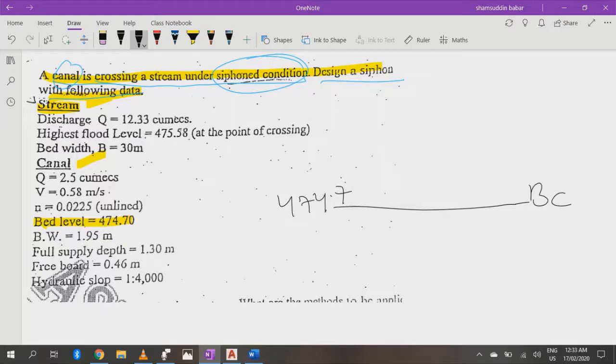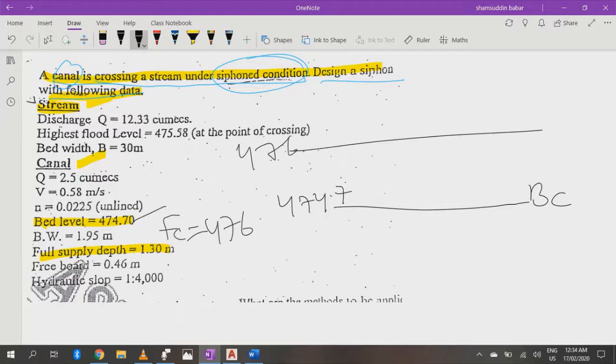Now what is the full supply level of the canal? The full supply depth is given. If I add this depth to the bed level, the full supply level of the canal is 474.7 plus 1.3, equal to 476. So 476 is the full supply level of the canal.